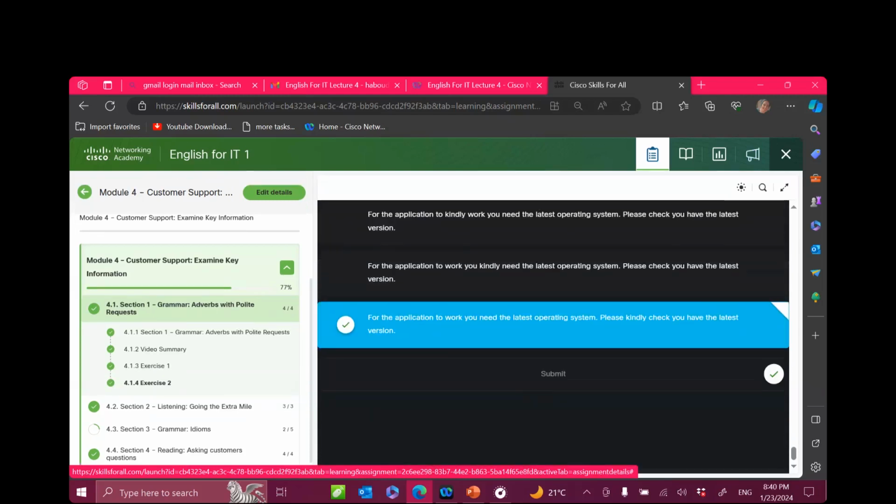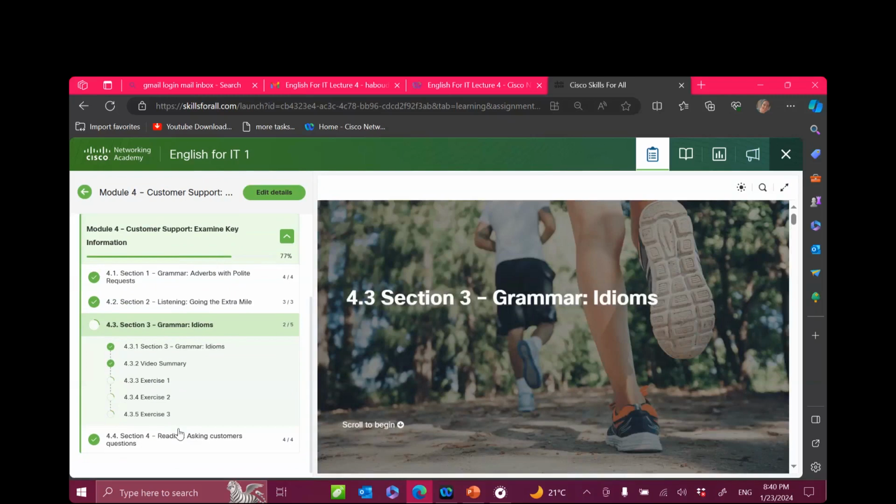Okay. So this is Section 1, grammar. Section 3, grammar, is about idioms. And this time, idioms is something you will like a lot, because it is different but very useful in daily life. When I use them in daily life, it makes a big difference when I'm speaking the language. It differs from one person to another when he speaks.